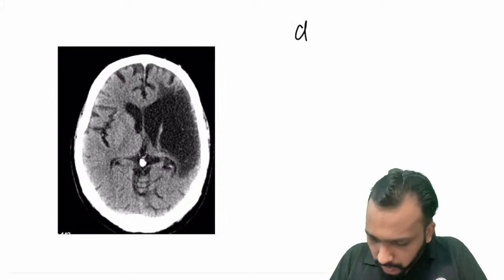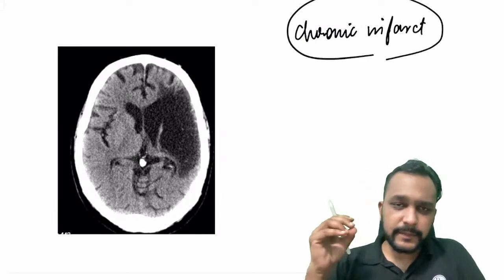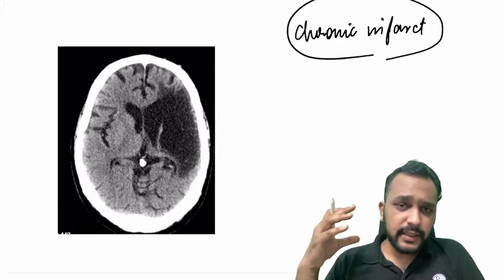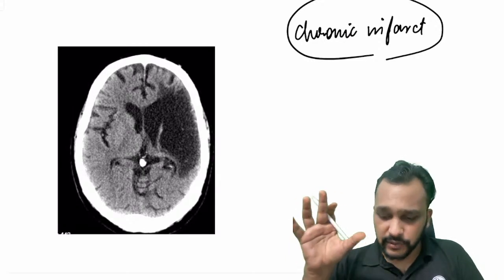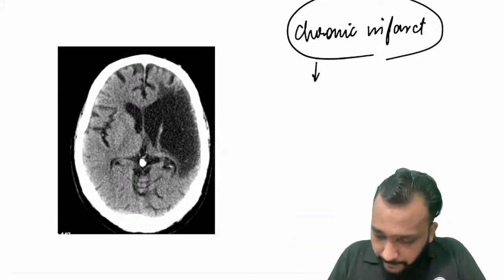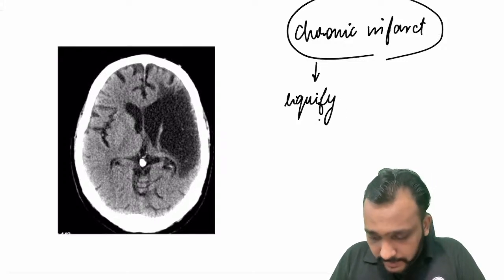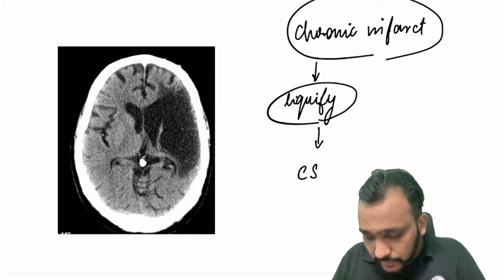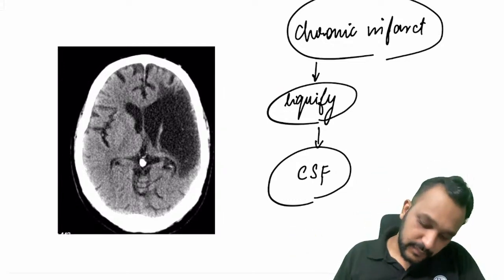Now let us talk about chronic infarct. When there is dead brain tissue lying there, the neutrophils and macrophages are going to eat that dead brain tissue, and with time that dead brain tissue is going to liquefy, and when that brain tissue liquefies, it is going to appear like your CSF, right?